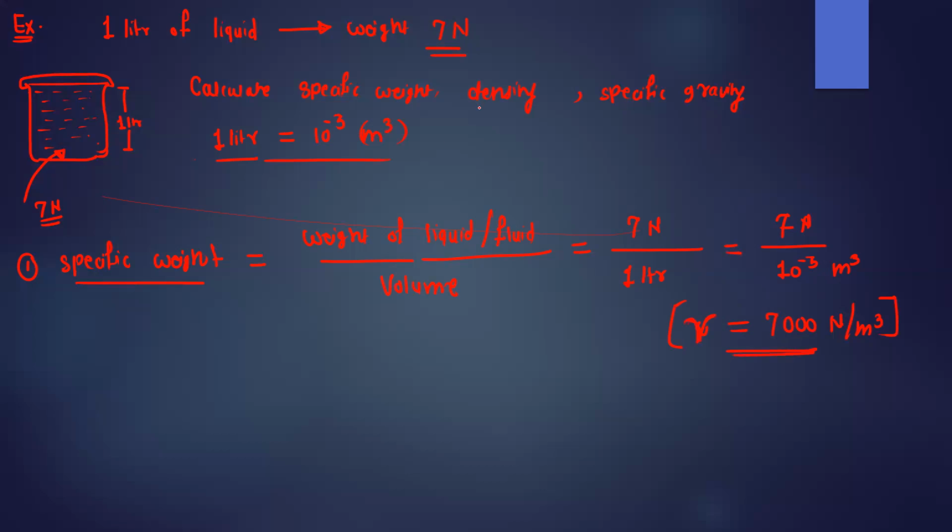Now second, we have to find out the density, which is rho. Density is nothing but mass upon volume. Here weight is given, which is 7 Newton.